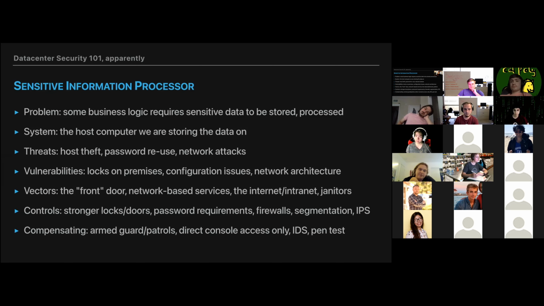So maybe you have, like I said, for the case where someone breaks in, maybe you have guards, armed guards even, right? Patrolling around, making sure that people who aren't supposed to be there are removed. Maybe you have different access controls on your doors, right? If you're paranoid about network-based logins, maybe you are so paranoid that you only allow administrative access through direct console access.